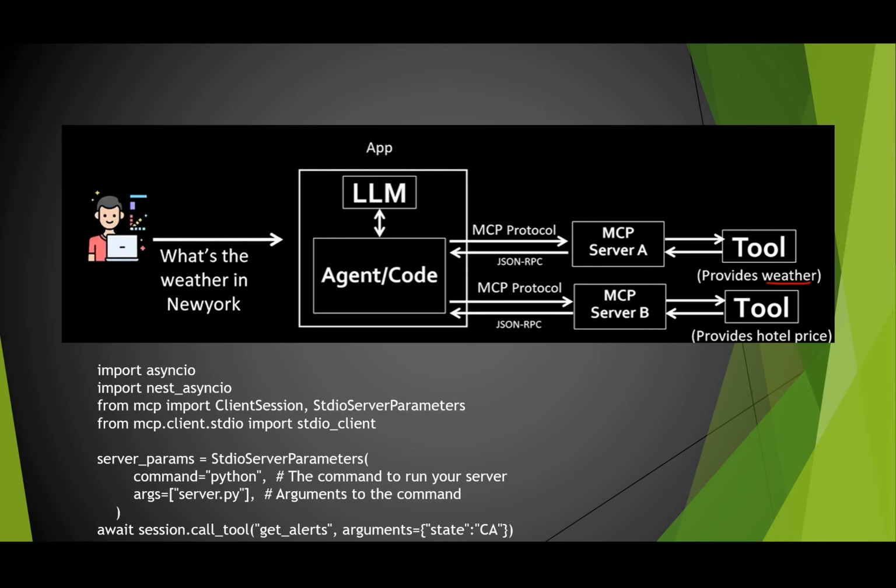So this MCP server has a connection mechanism and has the information about what fields this weather tool expects and what fields it returns. The developers of each tool can write their own MCP server. Let's say the weather tool has MCP server A and the hotel price tool has MCP server B. In your code, you simply connect to this MCP server. That's it. Nothing else. You simply connect to this server, and it will do the rest.